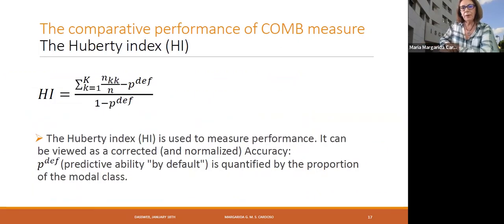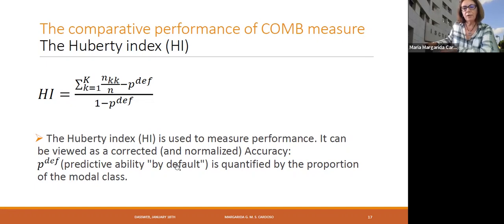So in order to compare the classifier results, instead of using accuracy, we used the Uberty index, which can be viewed as a corrected accuracy. So we see accuracy here, the percentage of correct classifications, but this is corrected by the percentage of the modal class, which is seen as the default predictive ability.